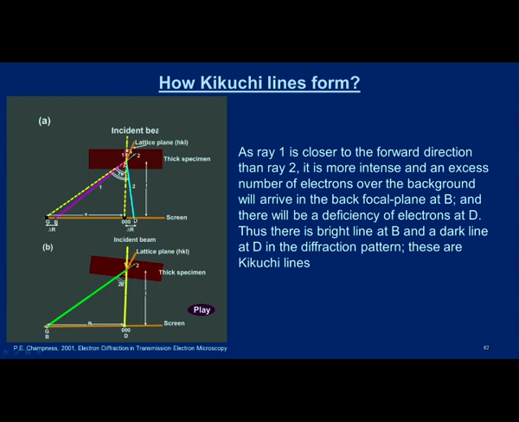So, you are talking about an electron diffraction which is forming a kind of a cone. We will just see what is this cone which I am talking about. What you have to understand is that one ray with excess electrons or higher intensity falls at the back focal point B, and the deficient line will fall here, and there is a bright line at B and a dark line at D in the diffraction pattern, and these are all Kikuchi lines.